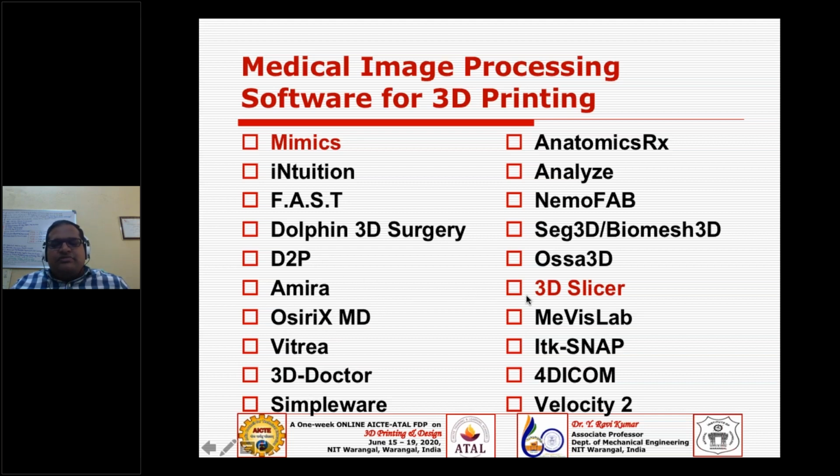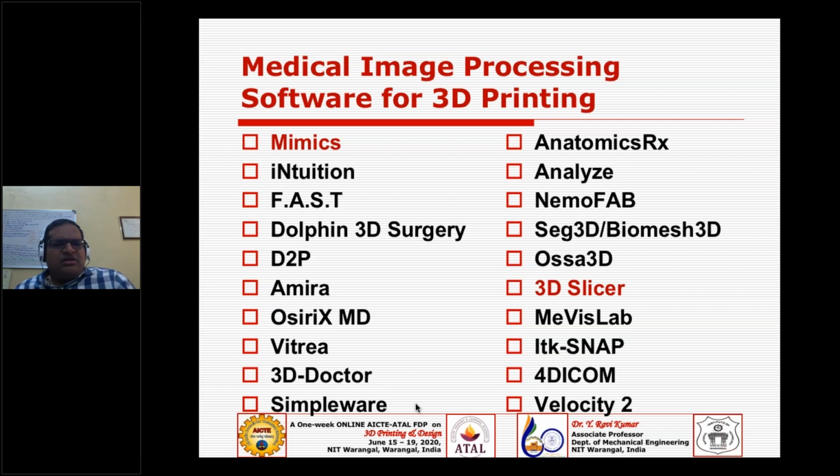People may be looking for open source software. The open source software is 3D Slicer, so you do not pay anything for this software, and its capabilities are almost equivalent to Mimics, 3D Doctor or Simpleware. Simpleware is also proprietary or paid software, but it is not as costly as Mimics.